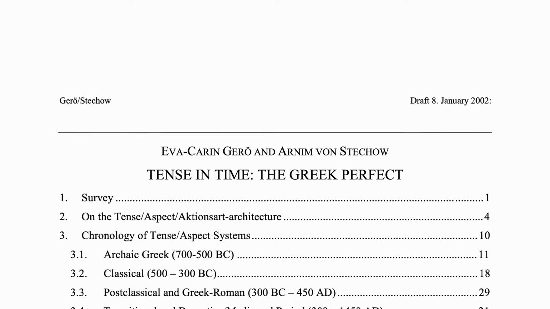For treatment of the perfect from a semanticist, I would refer you to the work of Garrow and von Siehow, who give a diachronic analysis of the perfect and who also treat the New Testament period, and they also mention the New Testament itself. This chapter has the most data in terms of examples, and it also engages far more with other theories of the perfect.